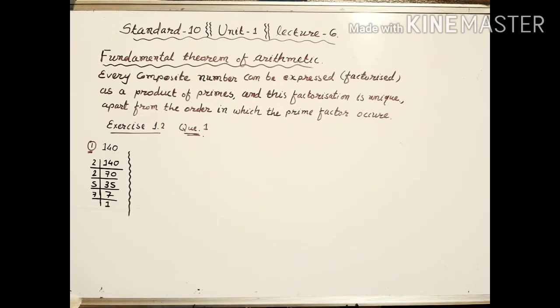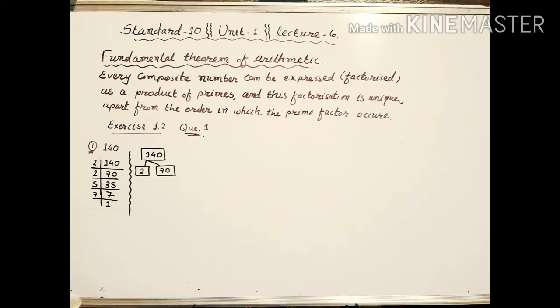Now this can be expressed in another way, and it is called a factorization tree. To express the factors of 140 in a prime factor tree, first of all we will write 2 factors of 140. They are 2 and 70 under the box of 140.